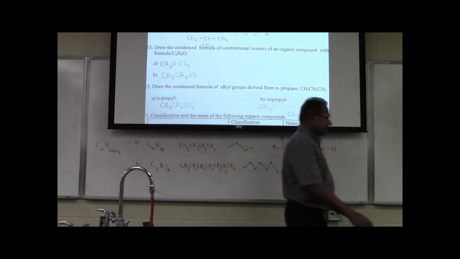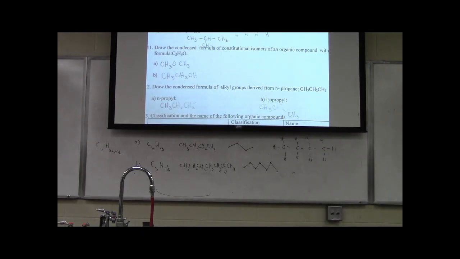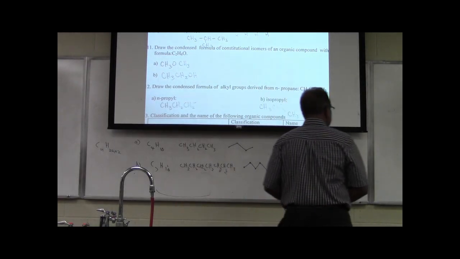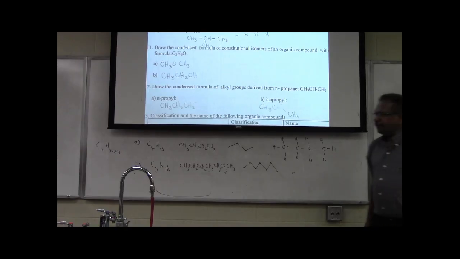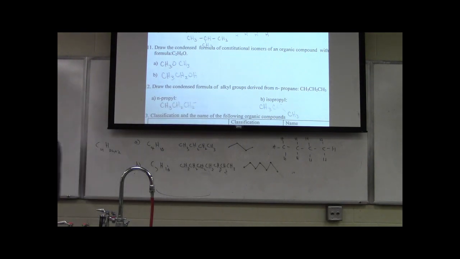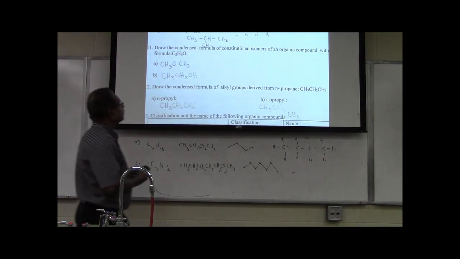That's the first alkane, with branch chains. For example, when you put 3, you can put another one. Or this one. This one is called just butane. The other one is called isobutane.